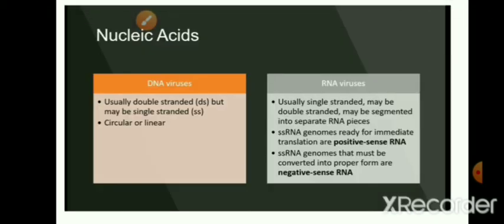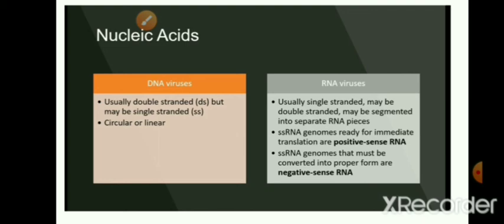Now the difference between DNA viruses and RNA viruses. DNA viruses are usually double stranded, but may be single stranded, and circular or linear. RNA viruses are usually single stranded, may be double stranded, and may be segmented into separate RNA pieces.